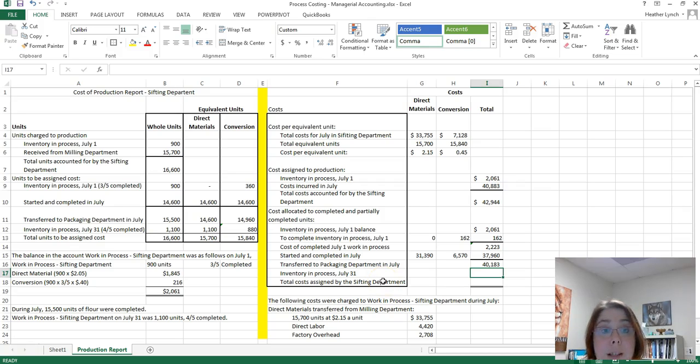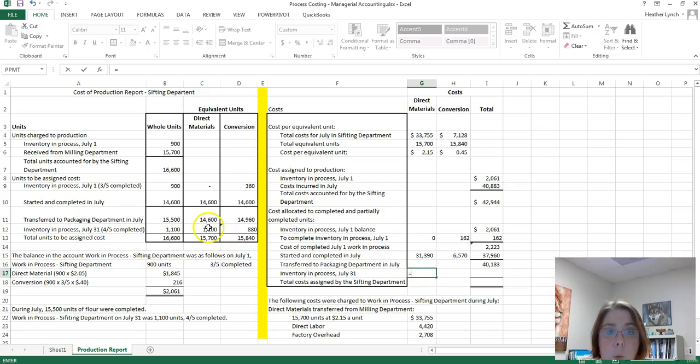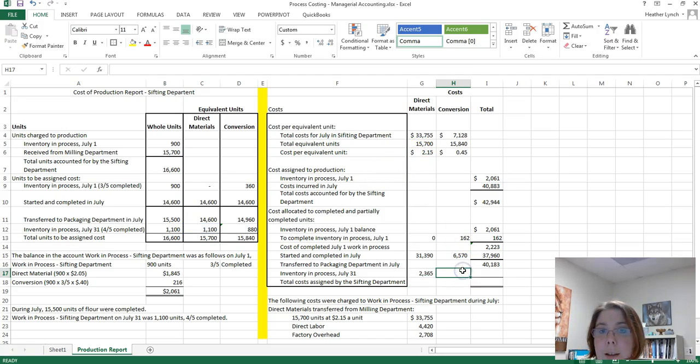Inventory in process July 31st for our units. Okay, so we take the 1,100, take a wild guess. You should take it times $2.15. You should come over to the 880. Hopefully you say I'm going to multiply that by 45 cents.